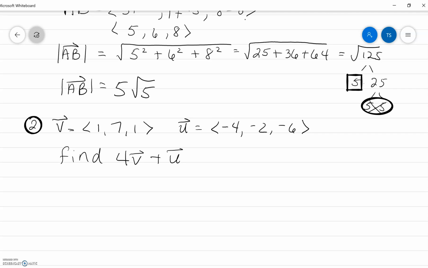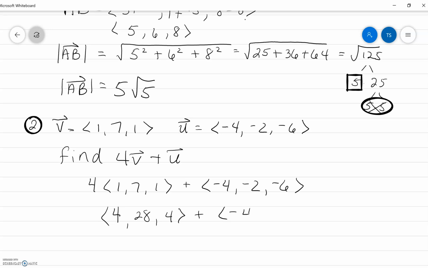So just like with the last video, we're going to have 4 times 1, 7, 1, plus -4, -2, -6. And this is where we've got a scalar multiplication, so we're going to multiply each one of these components. So 4 times 1 is 4, 7 times 4 is 28, and then 4 times 1 again is 4.